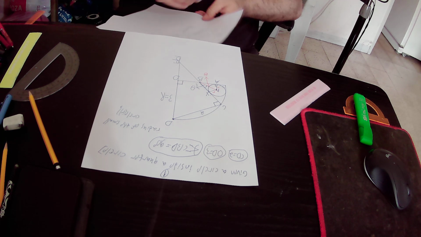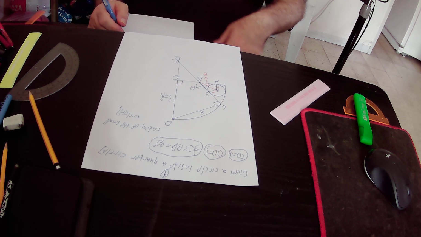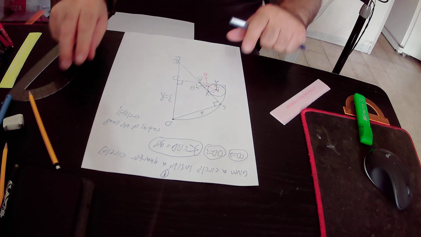Okay, so if DE is the diameter of the quarter circle, it equals 2R.